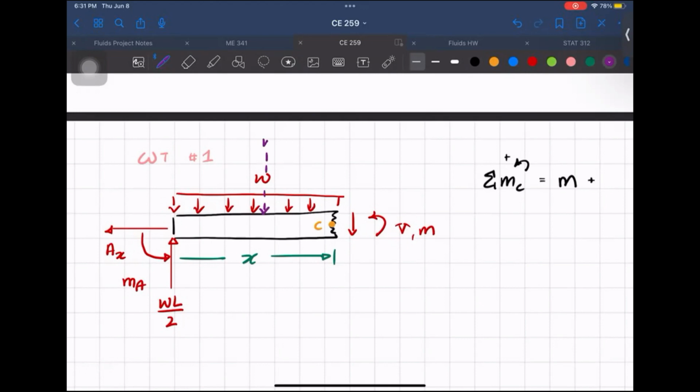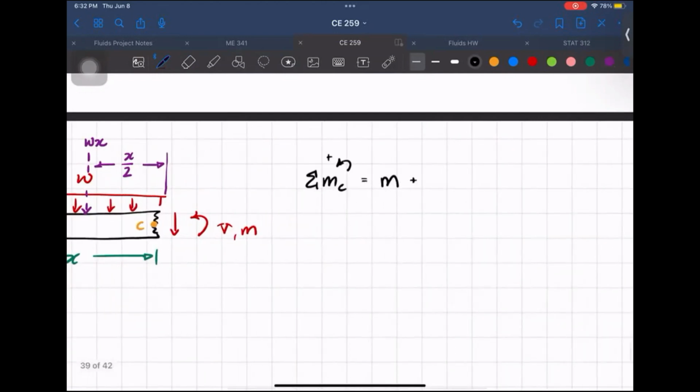When you do that, it would have, in this case, a magnitude of Wx, and it would act halfway between the cut and the force. So it would be plus Wx, the magnitude of force, times the distance at which it acts, which is x over 2.